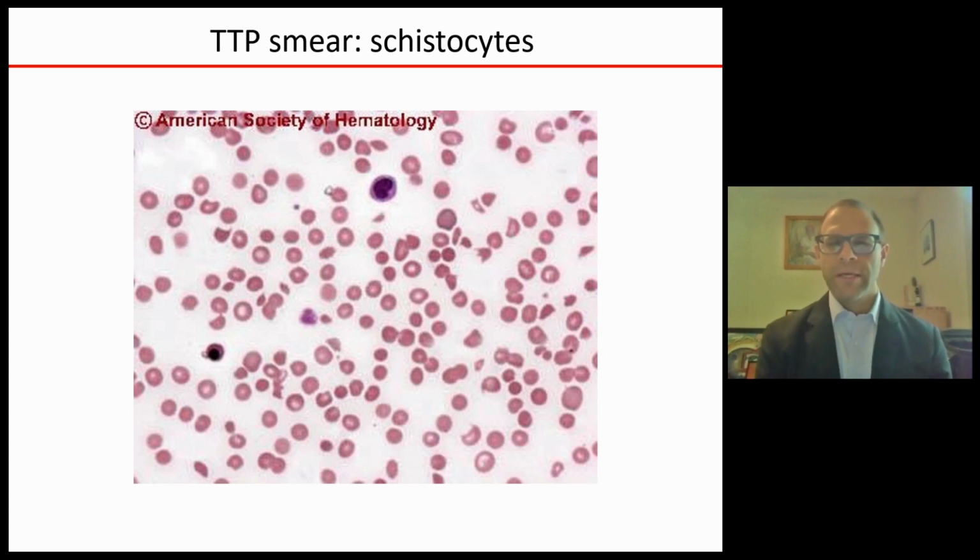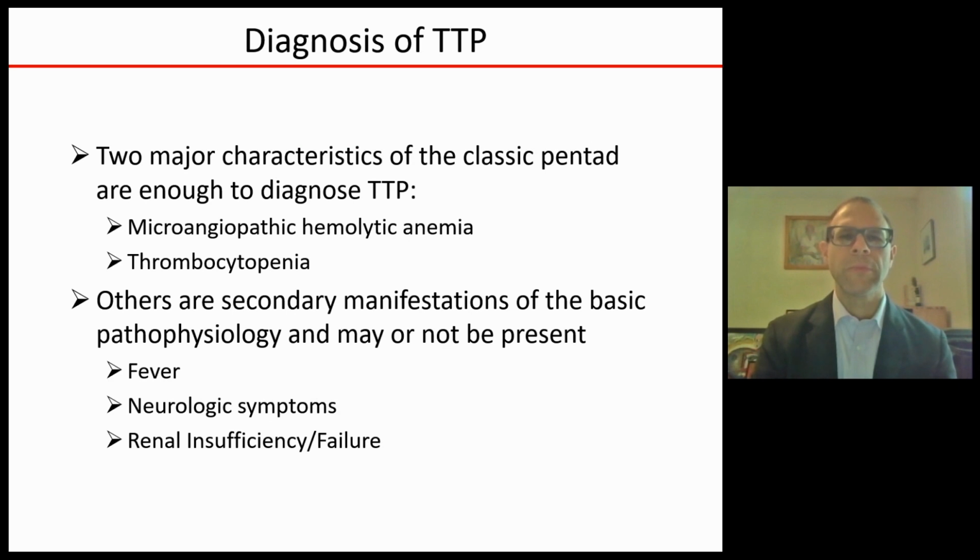Here's an example smear of schistocytes, the fragments of red blood cells. TTP often has, we talk about a pentad of features, the pentad being microangiopathic hemolytic anemia with schistocytes, thrombocytopenia, fever, neurologic symptoms, and kidney failure, kidney disease.